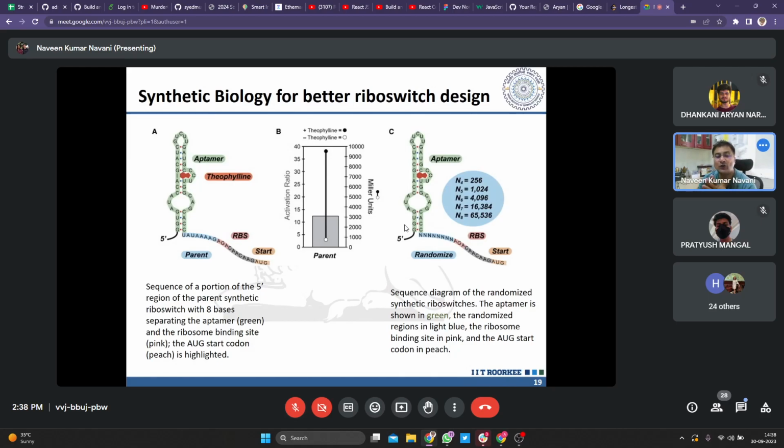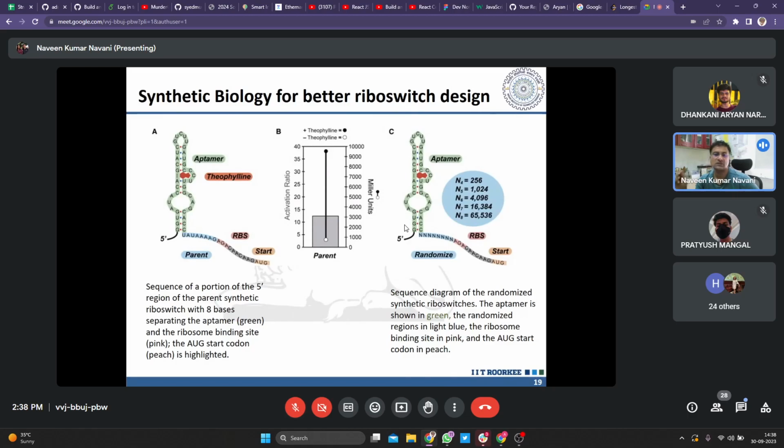Now the question is, how do you select the best one? You select the best one because after the start codon, you have added a green fluorescent protein at the end. Now let me see. And it got stuck again. Oh man, I don't like this. So after AUG, you will have the green fluorescent protein, and you will start measuring all the variants.